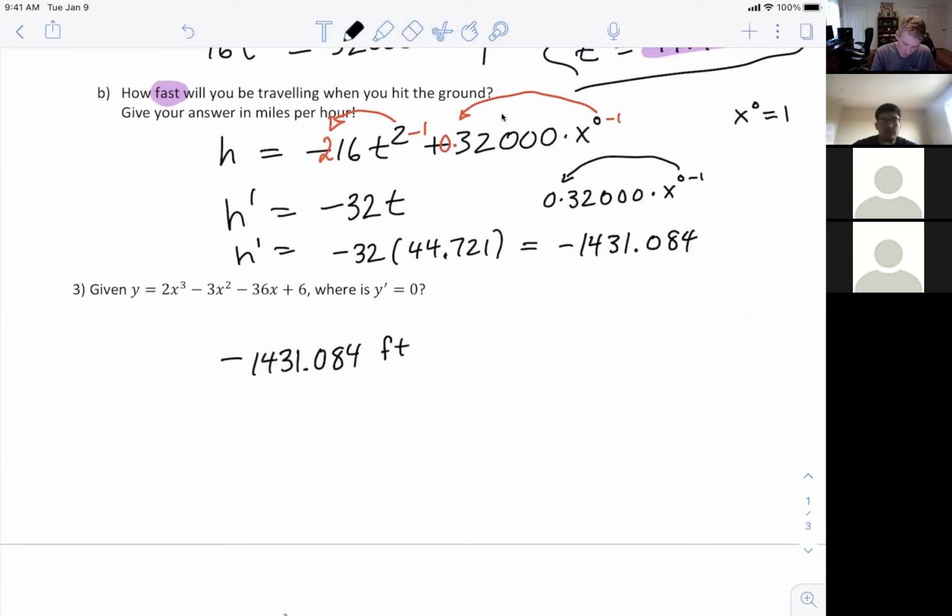So this is in feet per second. But then in the directions I say, give the answer in miles per hour because I'm not really that familiar with feet per second. But I do know miles per hour because I drive a truck every day and I understand miles per hour. So I'm going to change it to miles per hour.